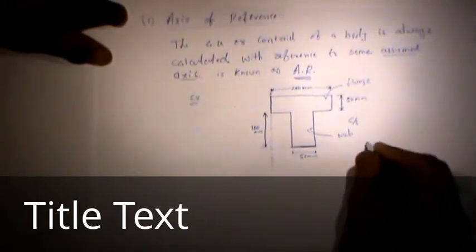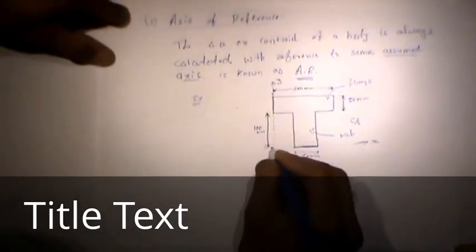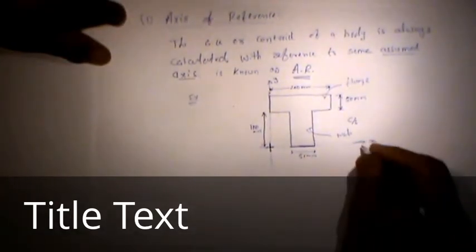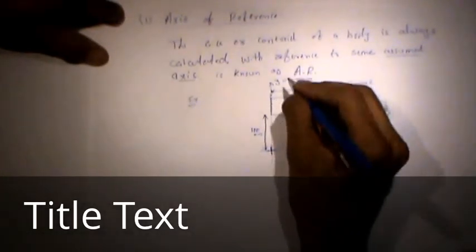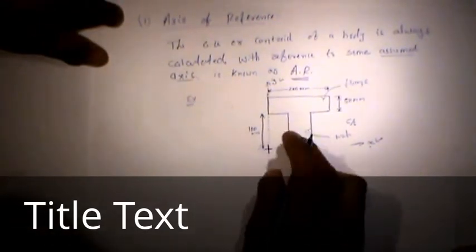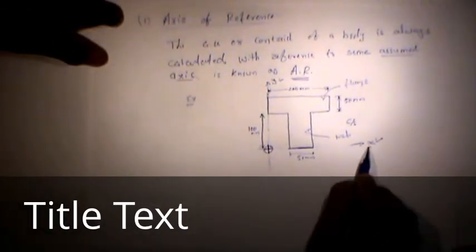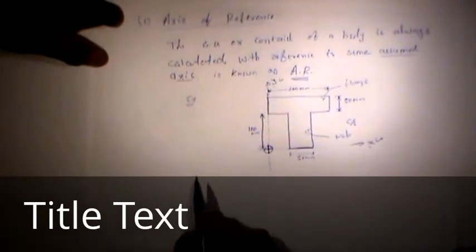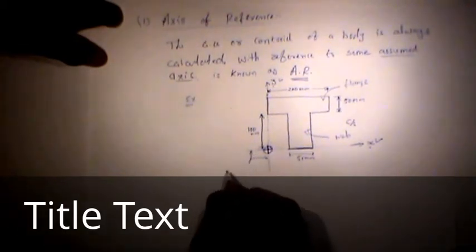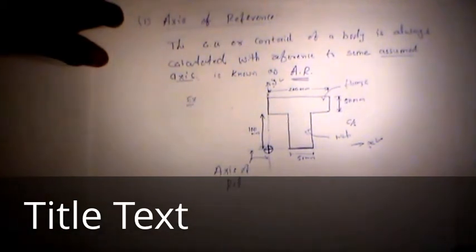Suppose this is the x-axis and that is the y-axis, which intersect over here. We will find the center of gravity of this section with reference to this intersection point of x-axis and y-axis. So this axis x and y is known as axis of reference.